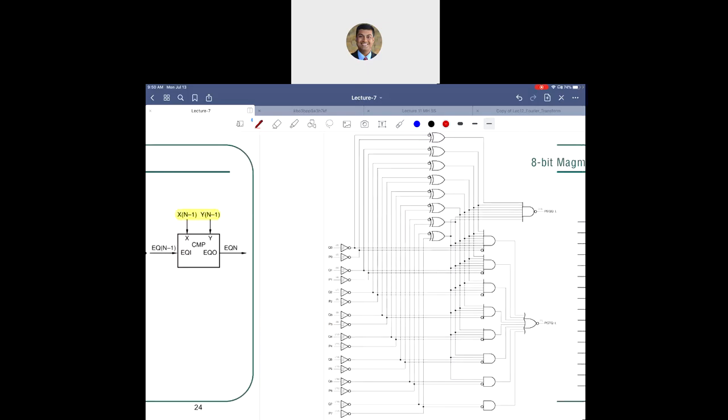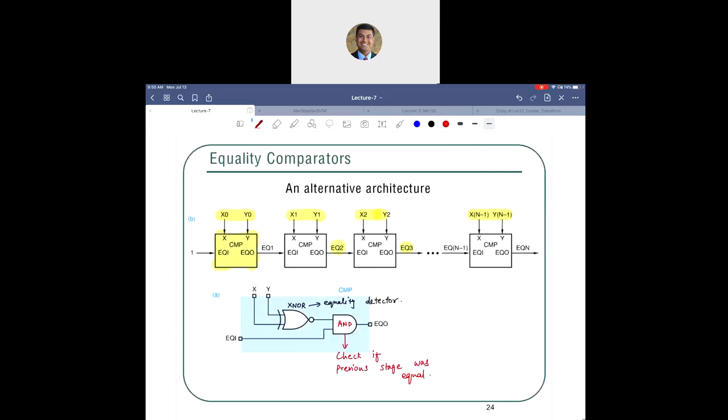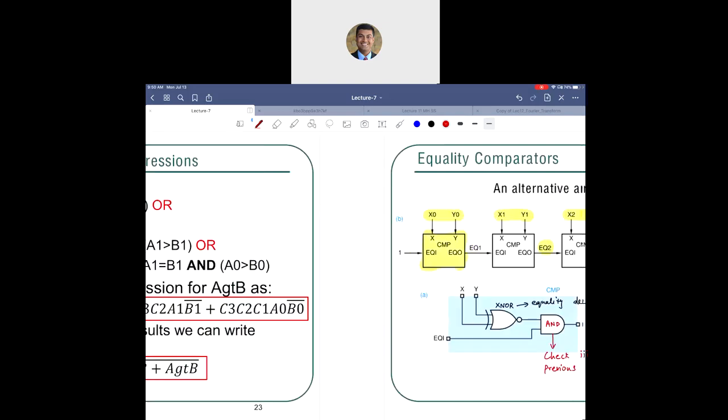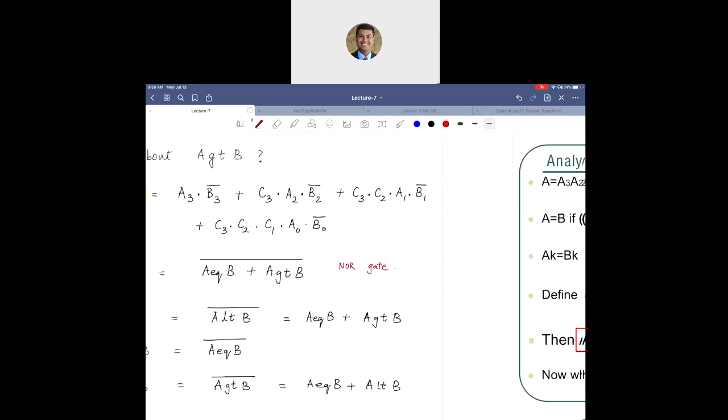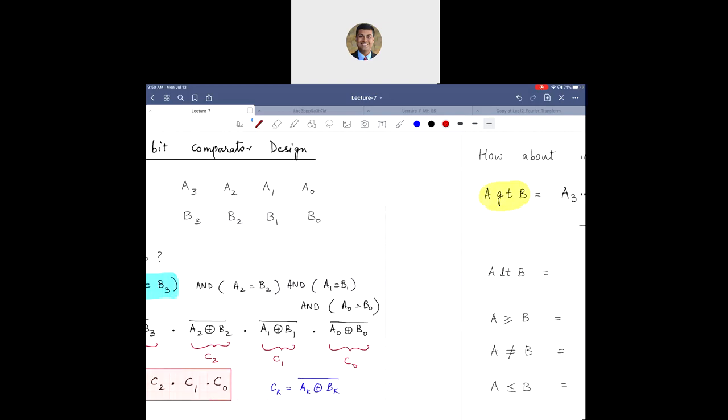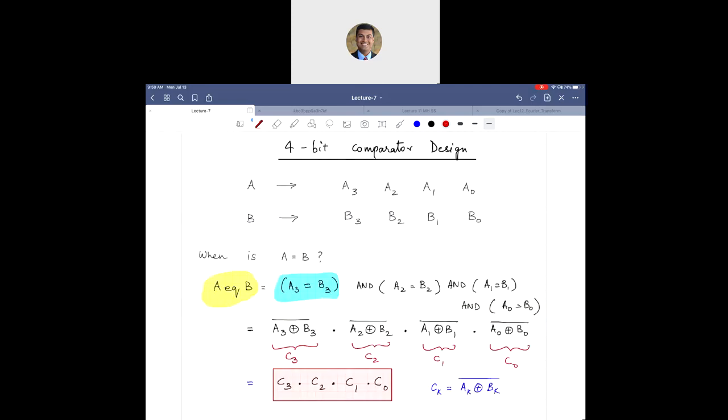Let's start with A equal to B. In this case, we had a 4-bit comparator, and A equal to B was C3 and C2 and C1 and C0, where each C is an exclusive NOR gate. And exclusive NOR gate also has a few alternate designs.